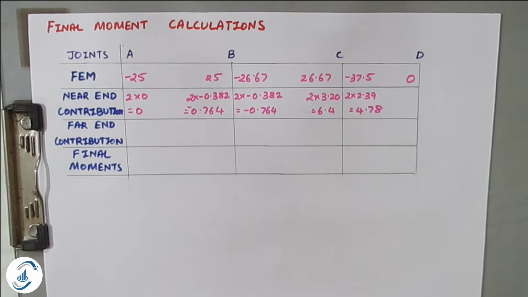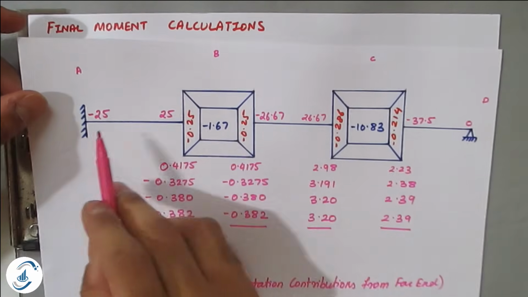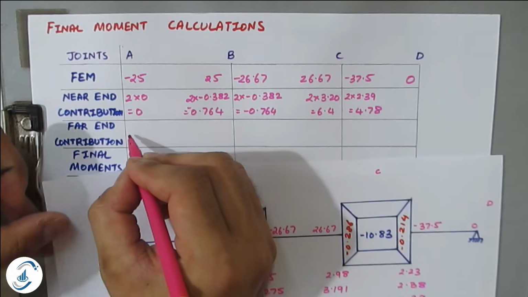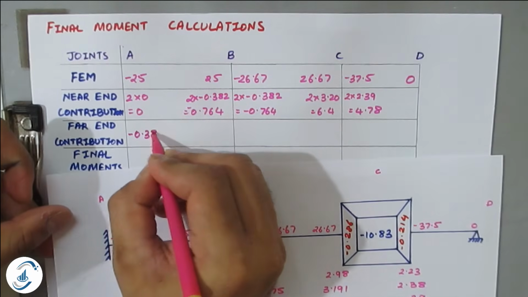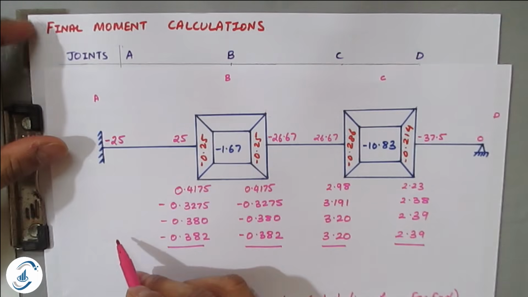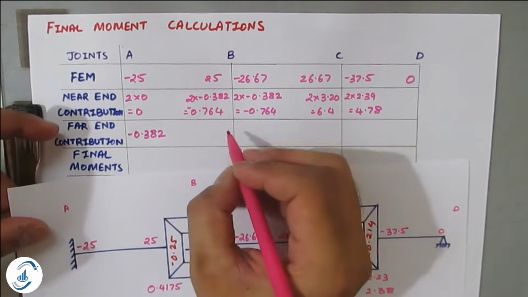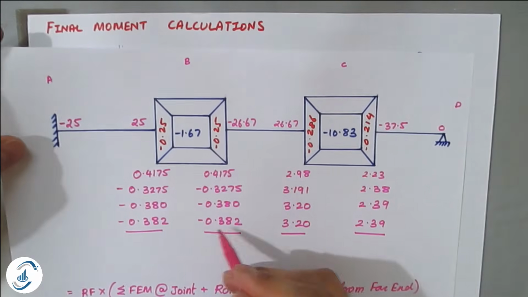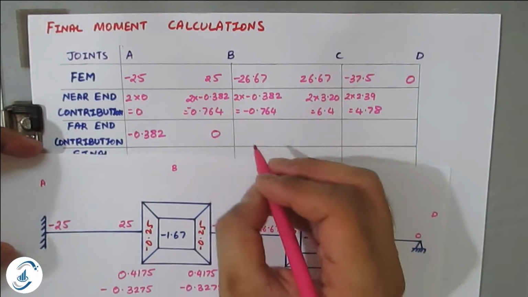Now far end contribution. Far end for AB is B, so that is minus 0.382. Write down here minus 0.382, B is far end. Now BA far end is A, so here the value will be 0. Next, BC the far end is C, that is 3.20.